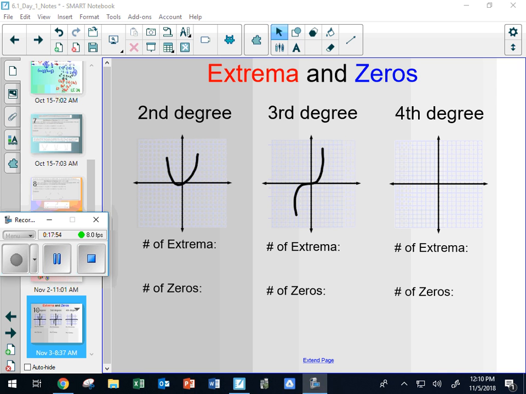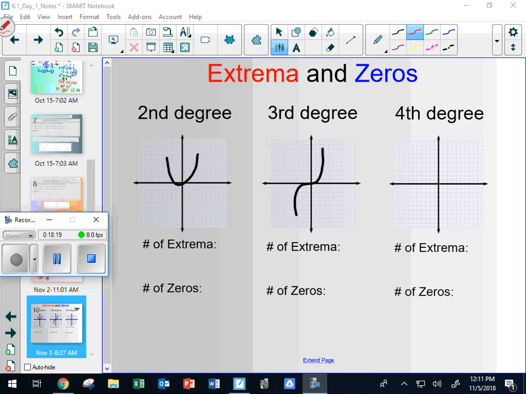So what we are looking at with these different graphs right now is something called extrema and then zeros. What's another word for zeros? What was it? Roots, x-intercepts, solutions, right? Got all those lists of them, right? So based off of these graphs, I think we could figure out what the zeros are pretty easily.